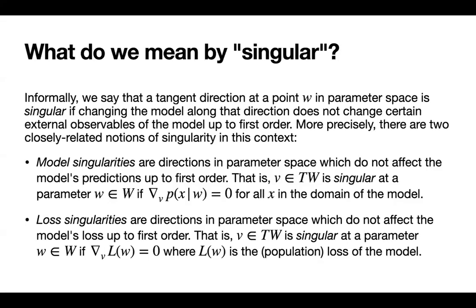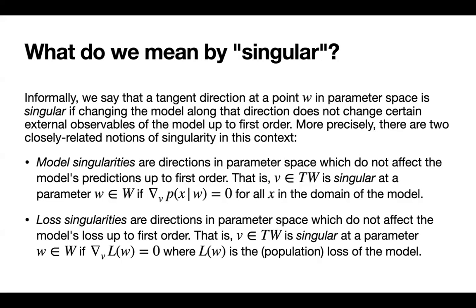The first thing to review is what I mean when I say that a model is singular. So we're talking about singular learning theory. What is singular? I'm going to highlight a particular distinction, where there are two choices you could make here.